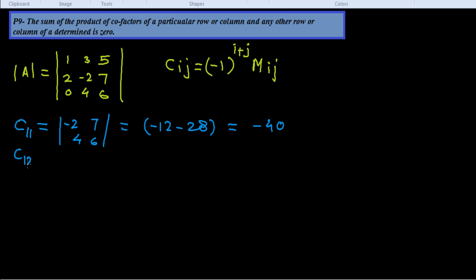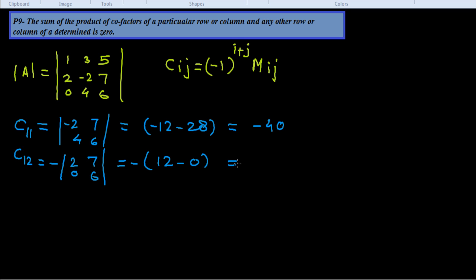Now C12, it is the odd number. So if we get the odd number in power, we get a negative sign here. I am putting in a negative sign already. So it is 2, 7, 0, 6, 2706 being first row and second column. You get here 12 minus 0.